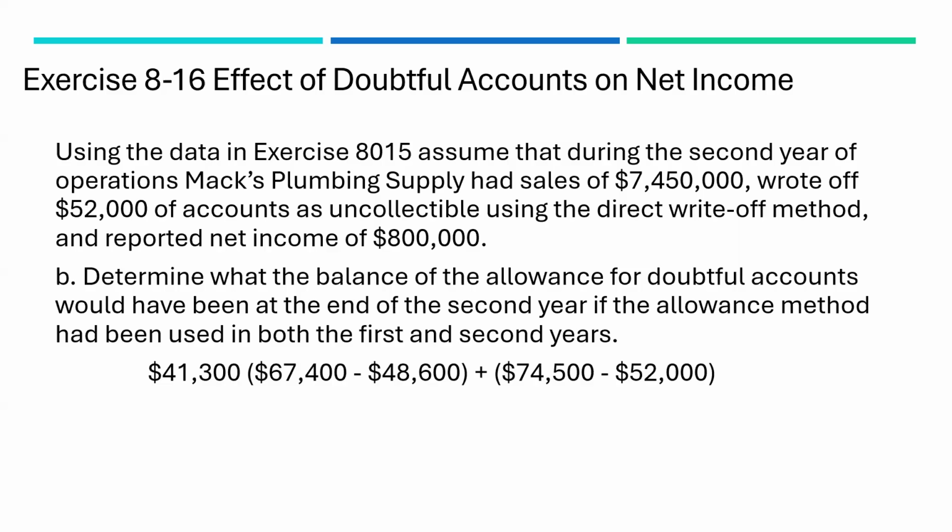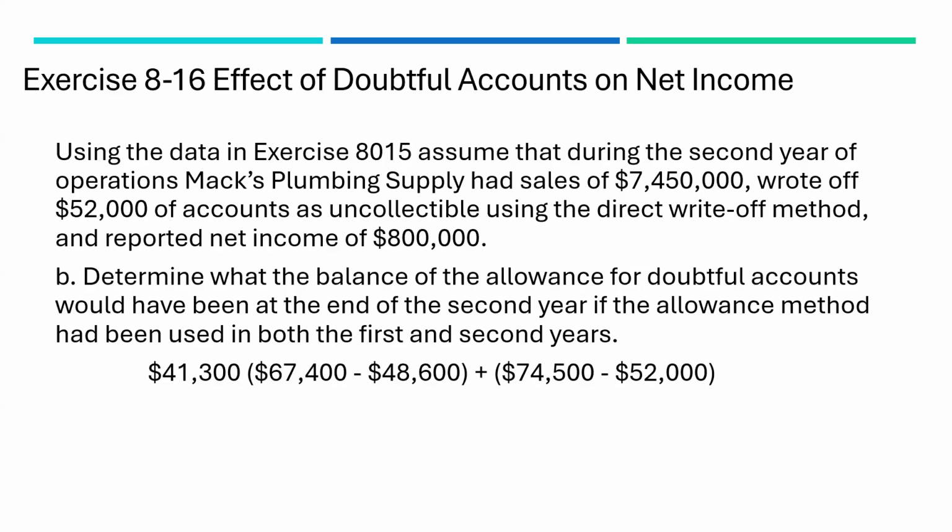And I think it'd be helpful just to write this out. Under the percentage of sales method, we're directly estimating what the allowance is going to be. At the beginning of the first year of business, we have a zero balance to start.